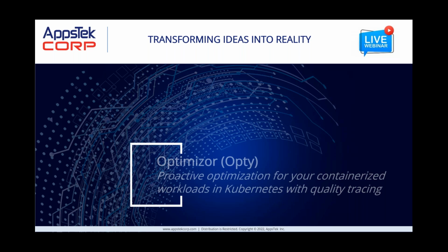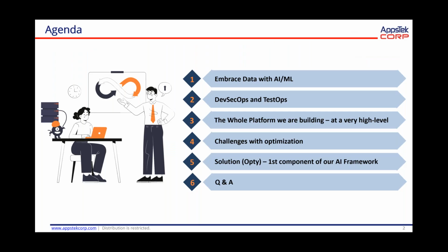So, the agenda for today: how enterprises are using data along with AI/ML across all phases. Then we will talk a little bit about DevSecOps and what is TestOps. And then we'll slowly build into our platform. What are the goals? What is the mission? And then how it is going to change, how we are changing things.